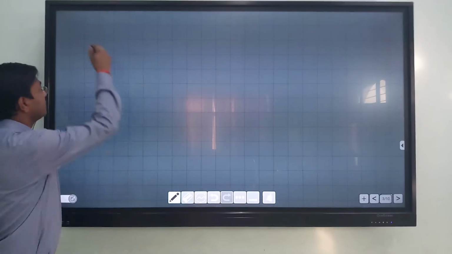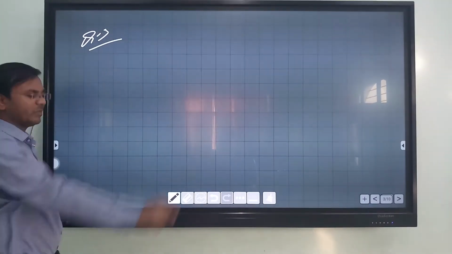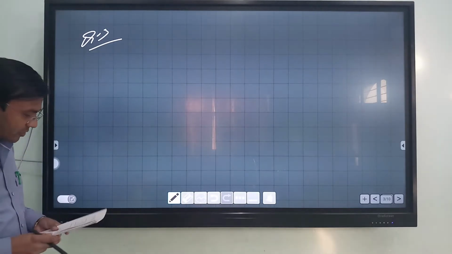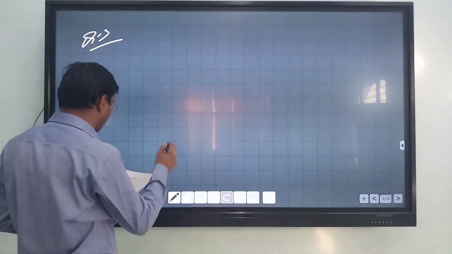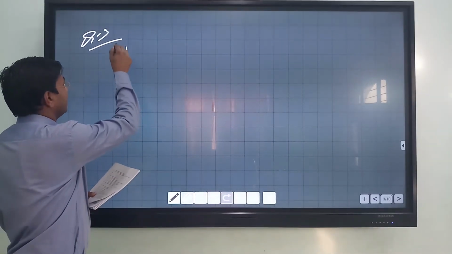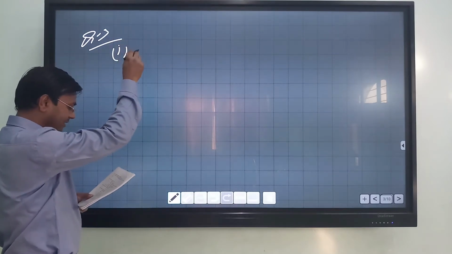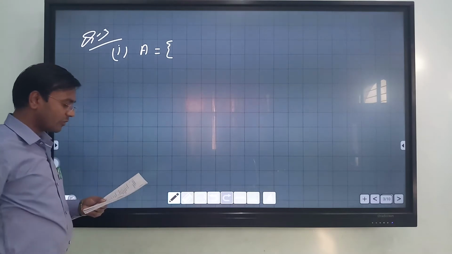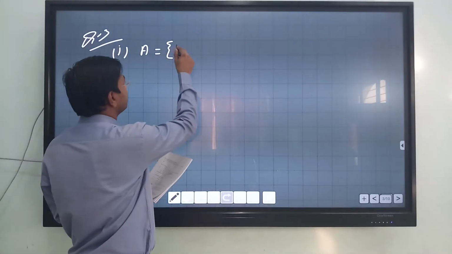Now let us see the next problem, number 3. Write the following sets in the roster form. As we studied in the previous lecture, roster form. So just recall while I write the question.